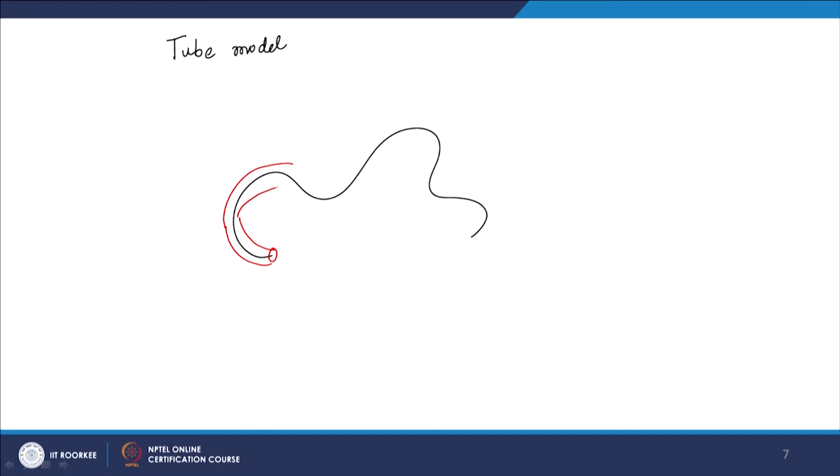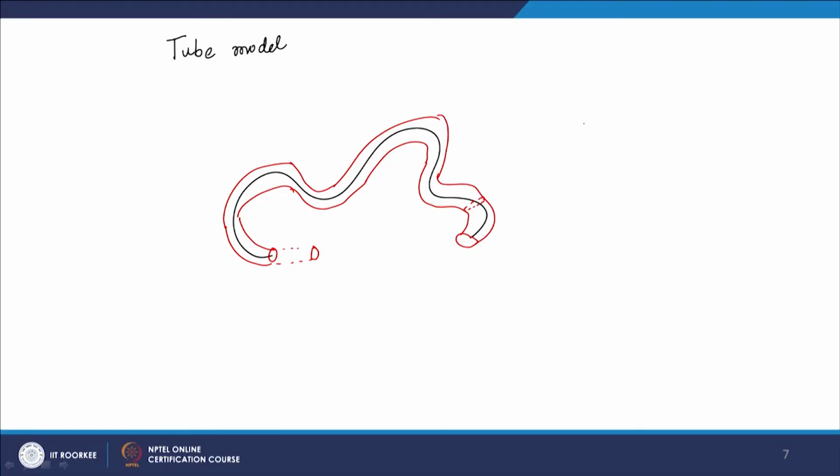I am drawing in red here. And again the motion of the polymer chain is along the contour. So, if the chain moves here, some part of the tube is destroyed. This dashed line indicates the new position of the end, and this dashed line indicates the new position of the chain. So, now we can say that the tube is being created or destroyed.